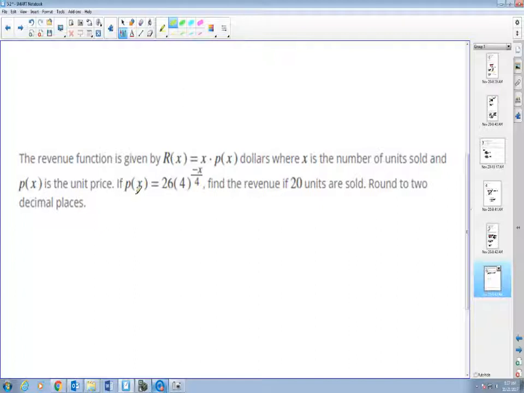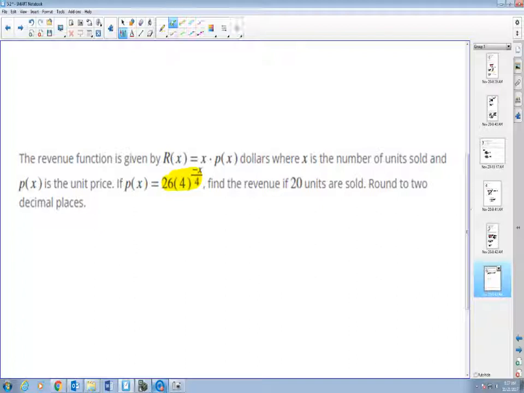If p of x, the unit price, is equal to this function, find the revenue if 20 units are sold. So 20 units is x, because x is the number of units sold.